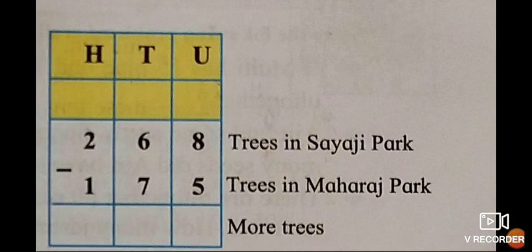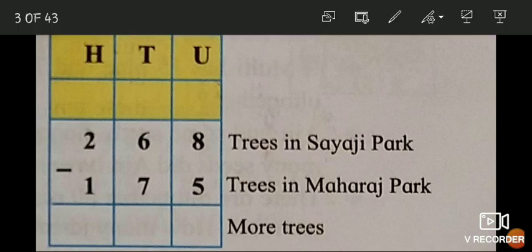How many trees are more in Sayaji Park than Maharaj Park? So what we have written here is more trees. Now, when we solve the sum, we will know the answer.